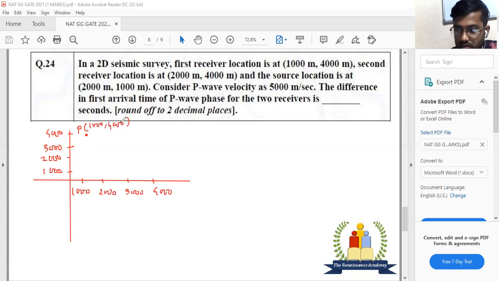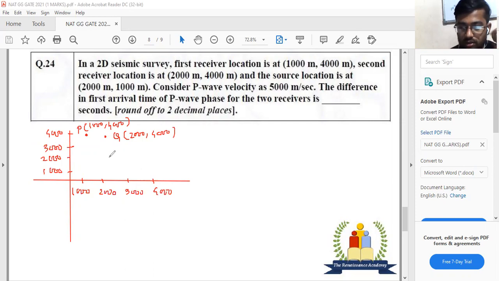Then second receiver location is at 2000 and 4000. Value of x is 2000 and y is 4000. Here, let's say point Q, coordinates 2000 and 4000.